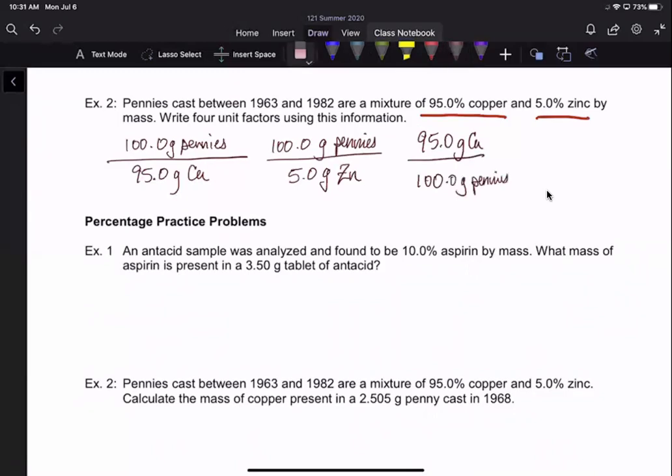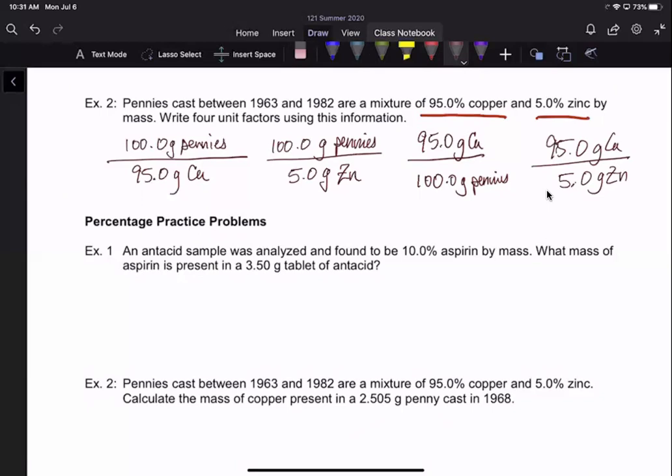Or we could even compare the amount of copper to zinc. I could say, for every 95 grams of copper, there must be 5 grams of zinc. So a lot of information we could get from those percentages.